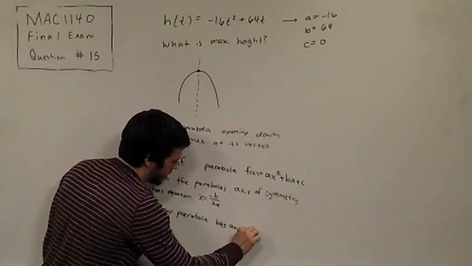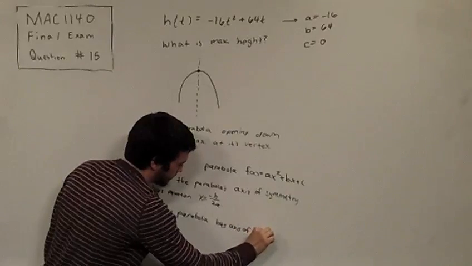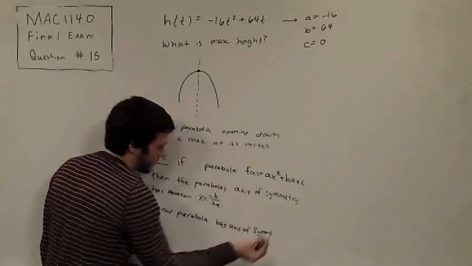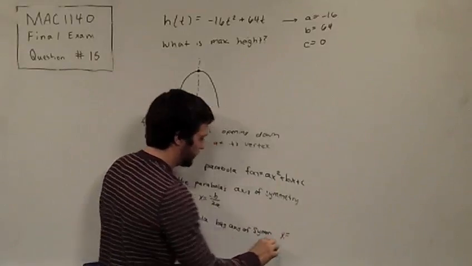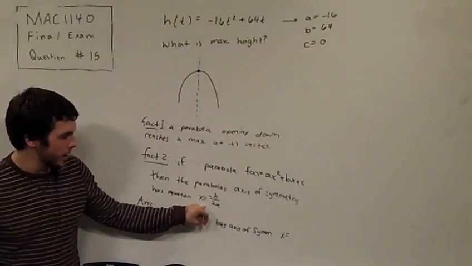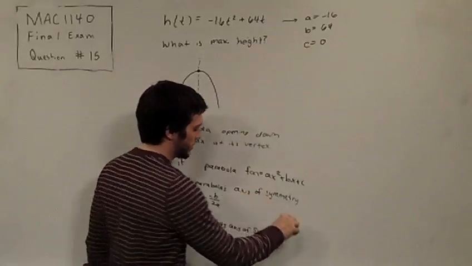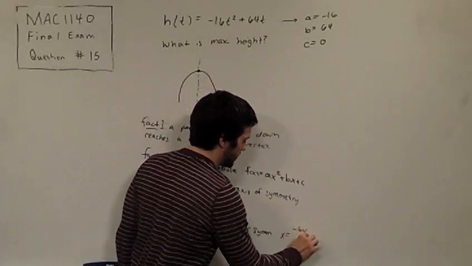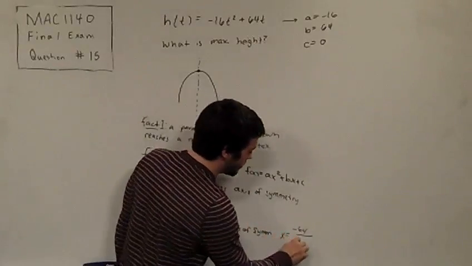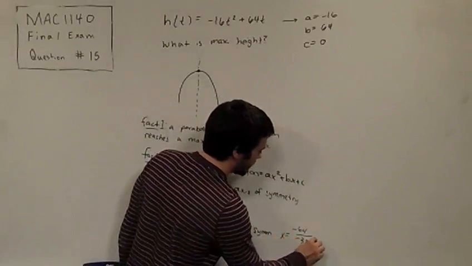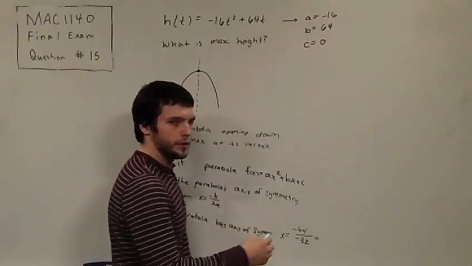Our parabola has axis of symmetry x equals, our formula is negative b over 2a. Negative b is negative 64, over 2 times a. 2 times negative 16 is negative 32. So what is negative 64 divided by negative 32?